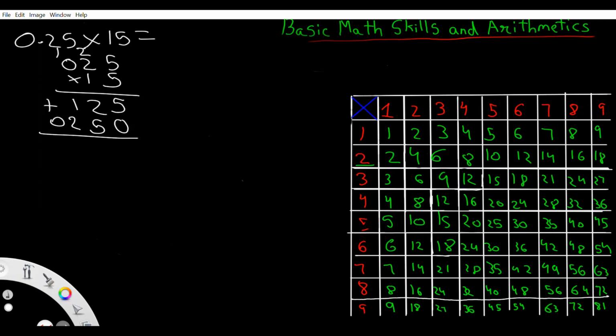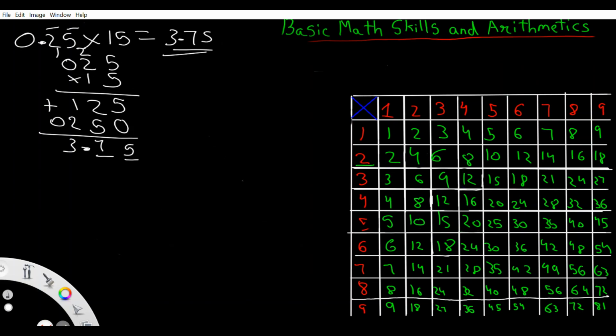And now we add these values. So this is 5, 7, and 3. But the answer to this is not 375. You see how we have two decimal places after the decimal point? Similarly, in the answer, we leave two decimal places and put a decimal point. So the answer to this is 3.75.